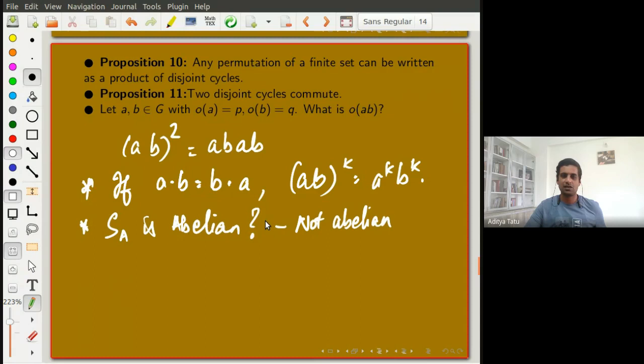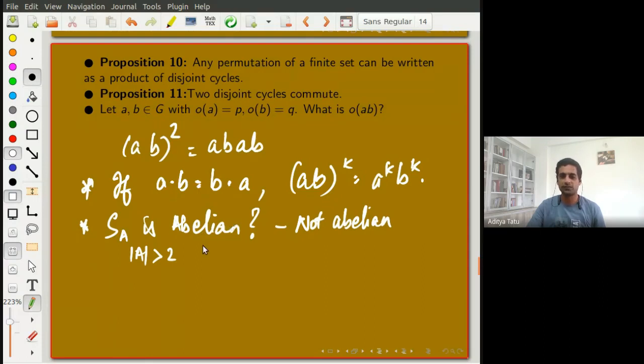As far as you have disjoint cycles, you can commute, but we have seen examples of permutations which are not disjoint cycles. In general, as far as the number of elements in A is greater than 2, this will not be abelian. You can try this out. Take 3 elements, so the number of elements in S_A would be 6, the smallest non-abelian group size.